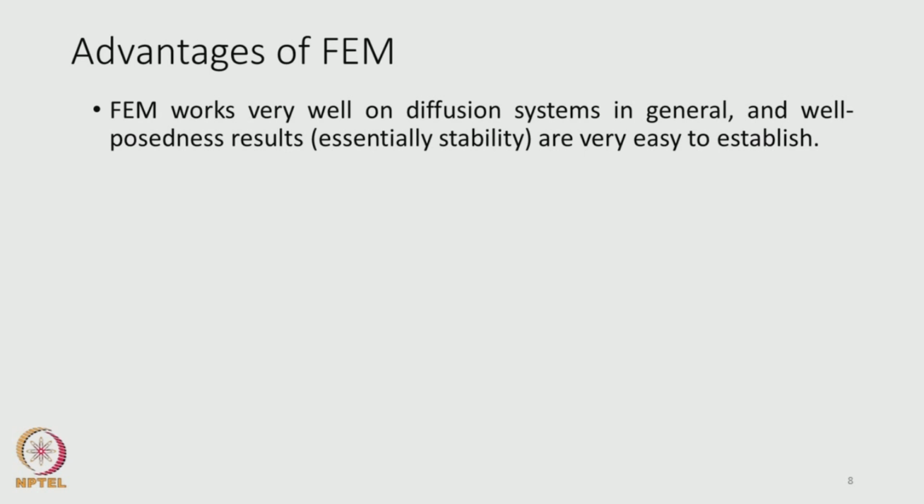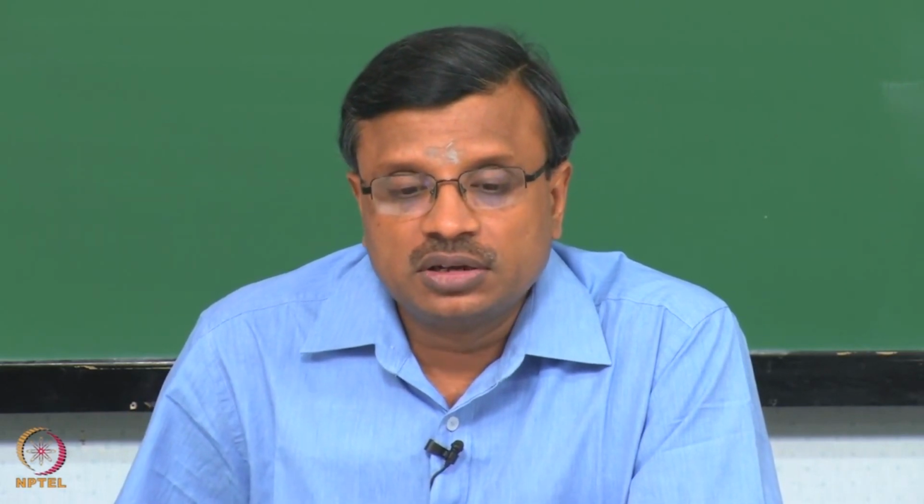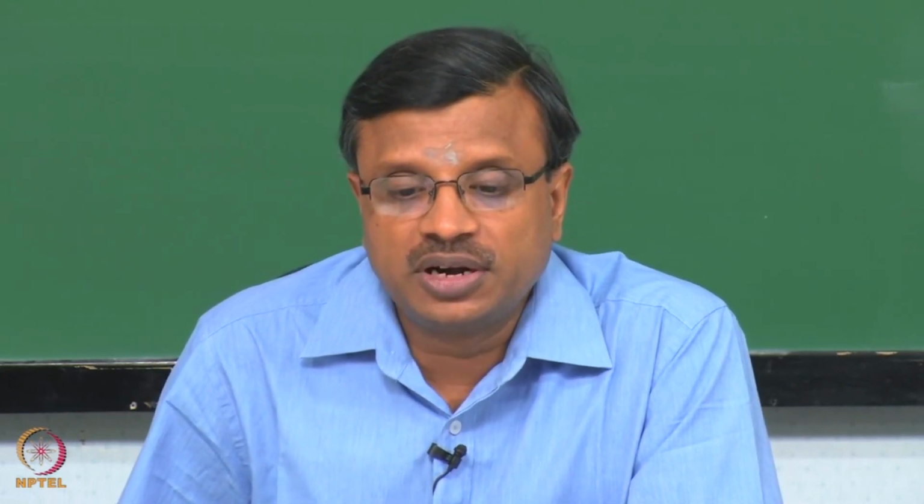Again, we are going to have a next lecture where we are going to talk about how to analyze a numerical scheme. There are three important aspects: consistency, convergence and stability. So, there we will talk about what stability is and how to understand it. The FEM is supposed to ensure the stability criteria for a diffusion system, which happens to be a well posed problem.